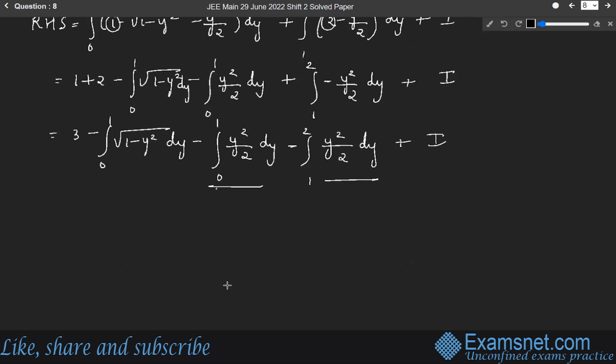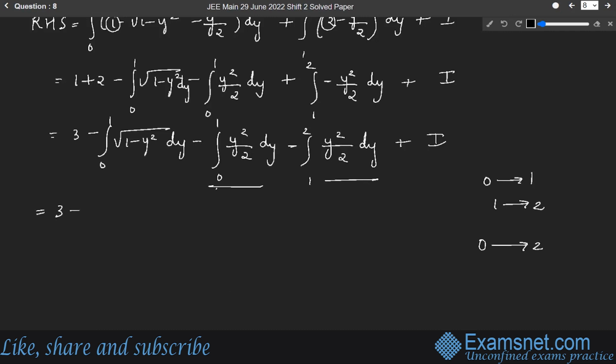What are the limits? 0 to 1 and 1 to 2. It means that the limit is broken down into two parts, 0 to 1 and 1 to 2. So what is the combined limit? The combined limit is 0 to 2. Because 0 to 2 means 0 to 1, then 1 to 2. So combinedly we can write the limits of both these terms as 0 to 2.